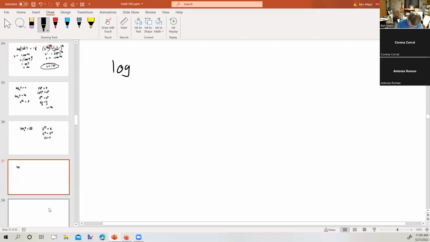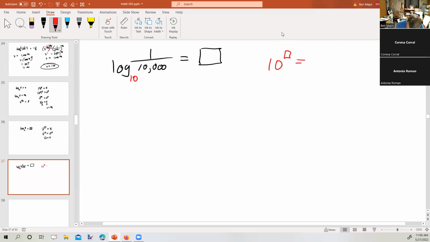Log of 1 over 10,000. Evaluate it. Well, we could say it's equal to some unknown box. Not only that, but since it's just plain old log, there's an implied base 10, right? So now changing it to an exponential form, I get 10 to the box equals 1 over 10,000.